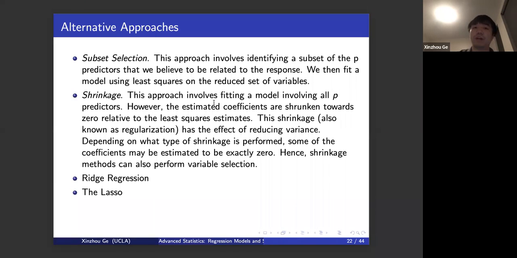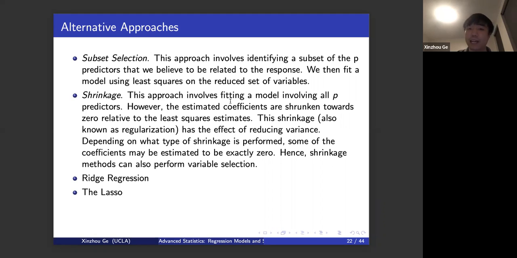This approach involves fitting a model involving all predictors, so we do not modify the dataset. However, the estimated coefficients are shrunken towards 0 relative to the least squares estimates. This shrinkage, also known as regularization, has the effect of reducing variance.